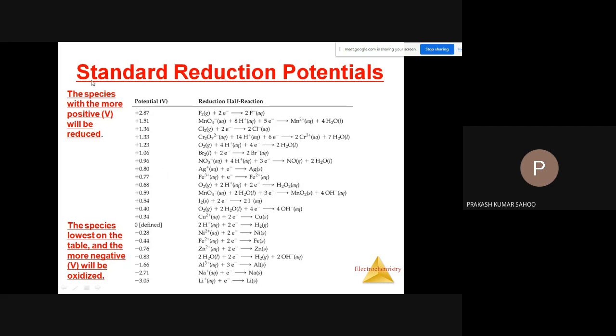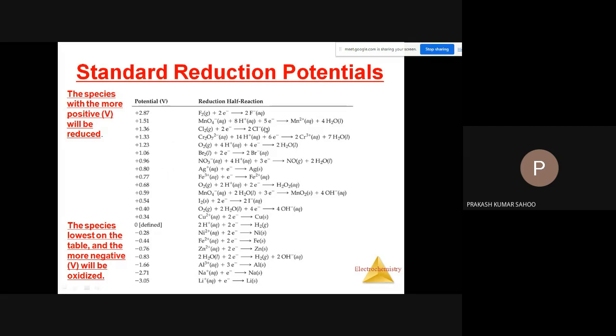And if the reduction potential is measured at standard state, that is 1 molar concentration, 298 Kelvin, and 1 atmospheric pressure, it is said to be the standard reduction potential.